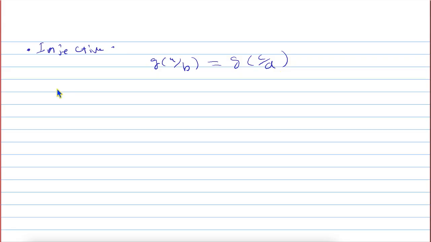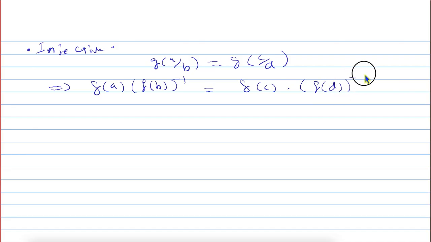So this implies that f of A into f of B inverse equals f of C into f of D inverse, okay?